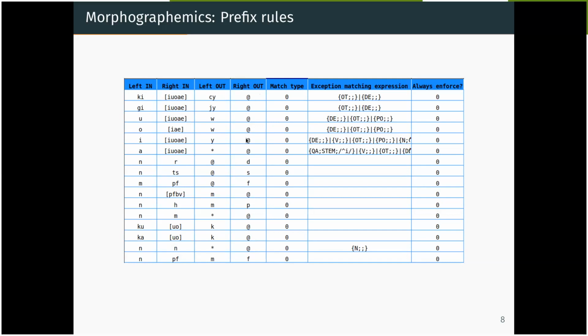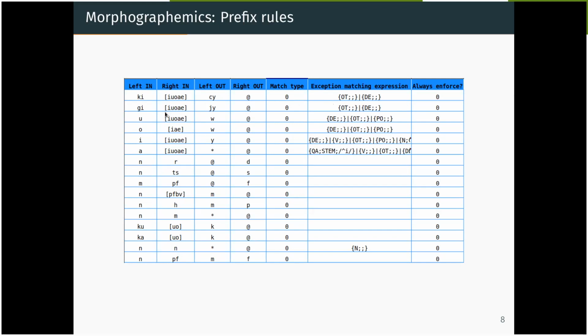There is a conventional way of writing this in linguistics, but because it's a database, I just show the tables. So when you have a morpheme like ki, and you have a vowel that you're going to combine with it, the ki becomes cy, and the vowel stays the same. This sign means it stays the same. There is other information that the morphological analyzer uses, but I'm not going to talk about it because it would be just too complex.